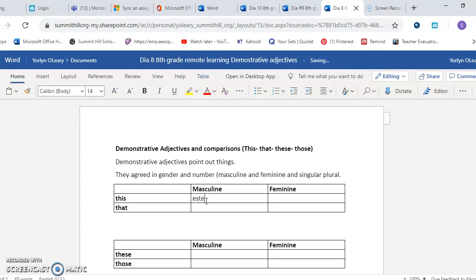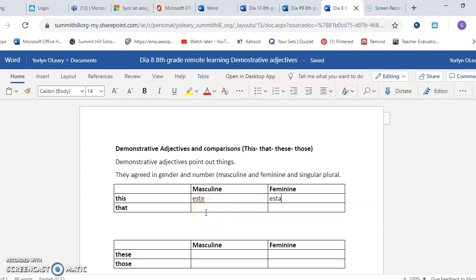I'm going to use este. For this, when the object that you're touching is feminine, that means it ends in letter A, or the definite article is la, then you're going to use esta. Okay? So that's for this.